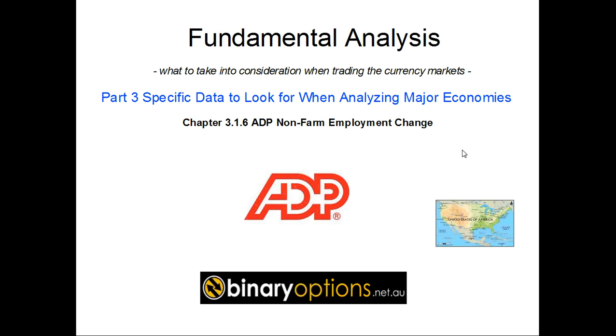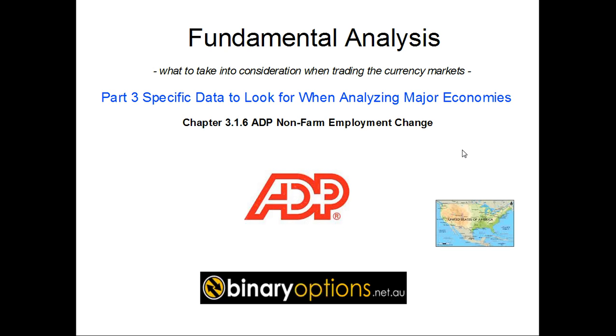Non-farm employment change means the change in the payroll number, excluding farming jobs and the government. Because we are excluding farming jobs and the government, these are also called private payroll numbers. And so these are the jobs that are being added by the private sector in the United States.